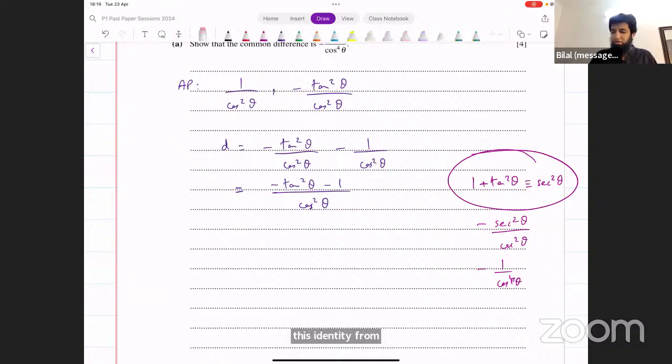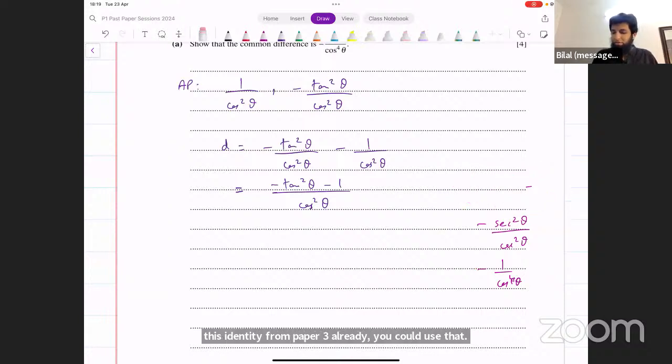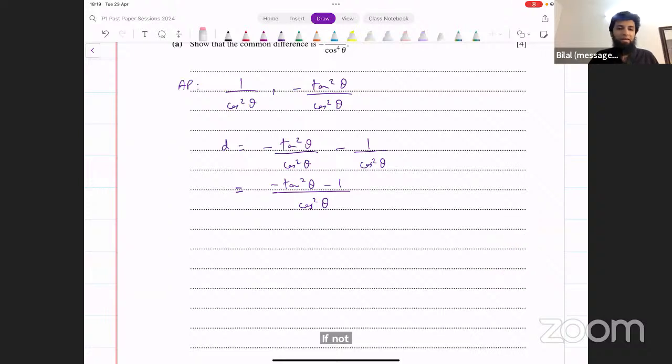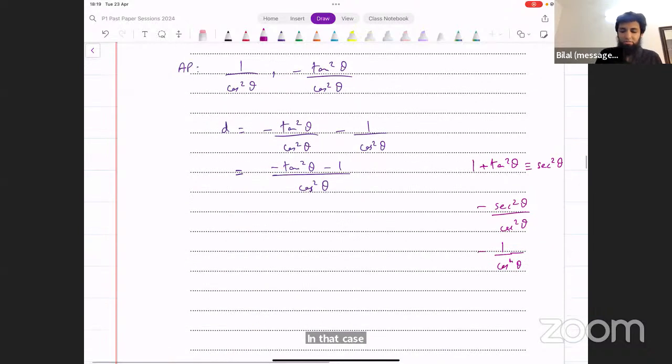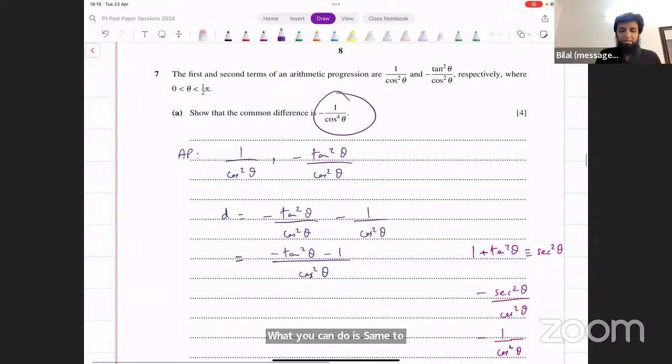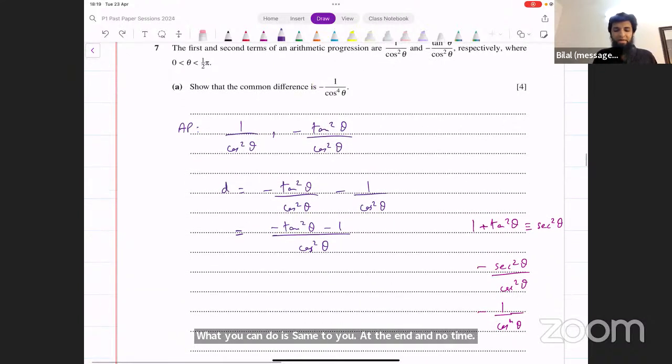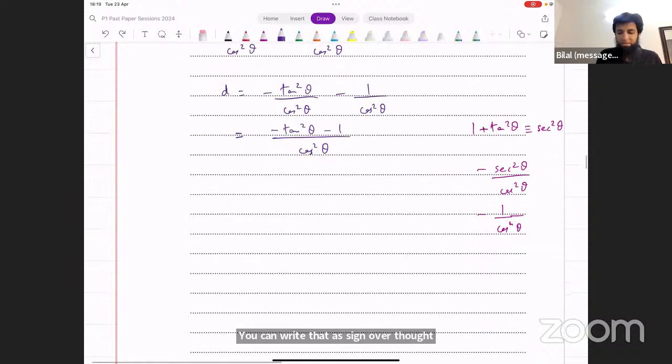If not, if you're in AS right now and have not done paper 3, then you might not know that. In that case, since you want cos at the end and no tan, you can write tan as sine over cos first of all, and see what that gives you. Minus sine square theta over cos square theta minus 1.